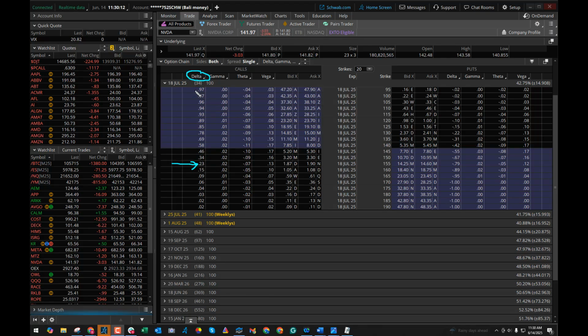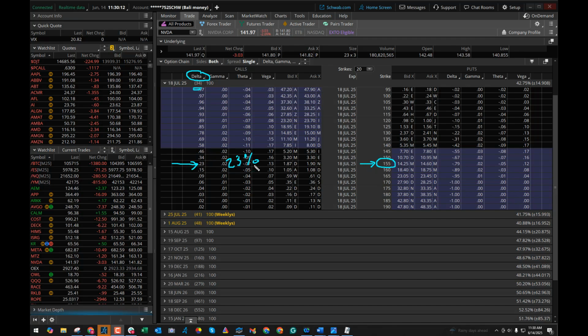So what that means is that's 34 days left to expiration on this particular option, which is a 155 call option on NVIDIA. So that 0.23 means that there is a 23% chance that the price will be higher than 155. 23% is not great, right?